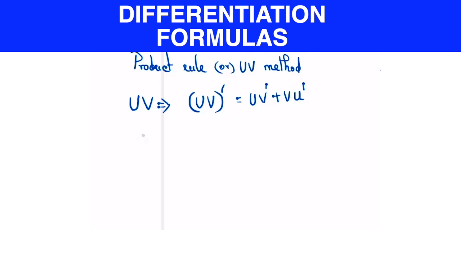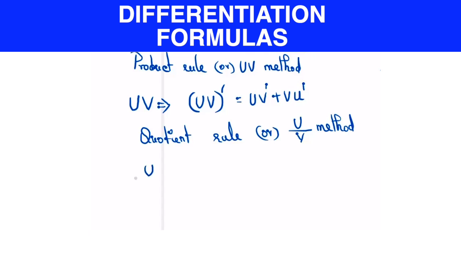The last rule that we're going to see for today is called the quotient rule or the U by V method. As the method name suggests, in this case the input is going to be not a product but a fraction. So let's take u as the numerator and v as the denominator.